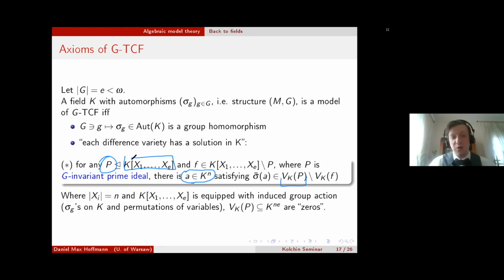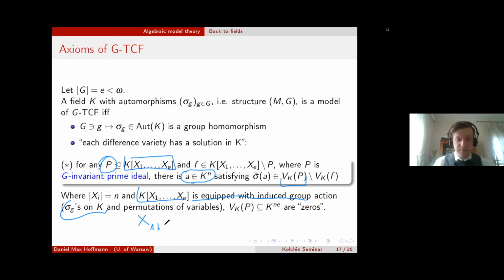So how many exactly? How many elements do you have in your group G? Because this K[x1, ..., xe] is equipped with an induced group action. So what is this induced group action? You take sigma in G acting on K, and then you permute x1 to xe, right?